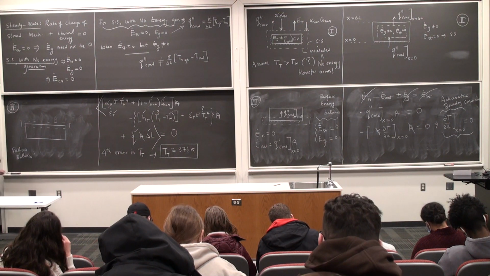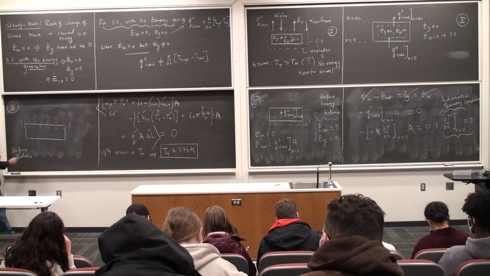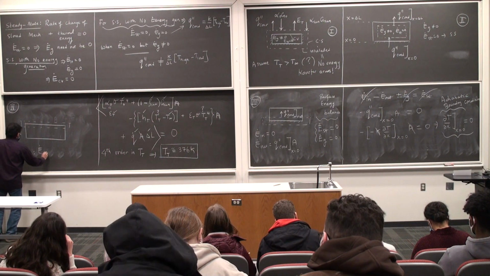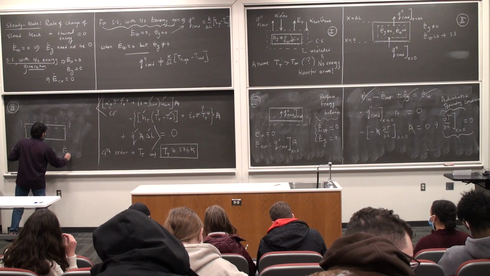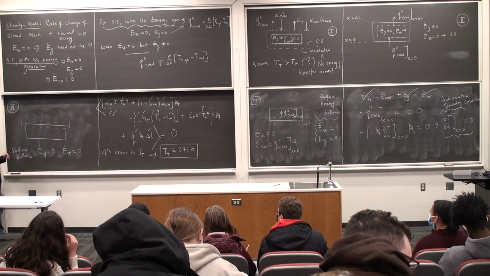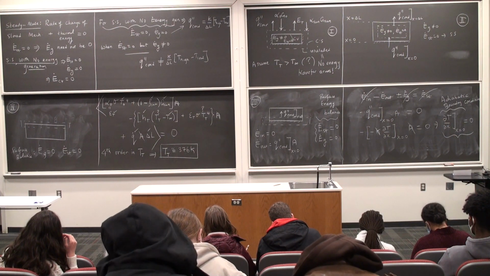Which implies that even if there is volumetric heat generation within the body, within the control volume, in this situation, E dot G is 0, E dot stored is 0. All the volumetric terms will vanish.